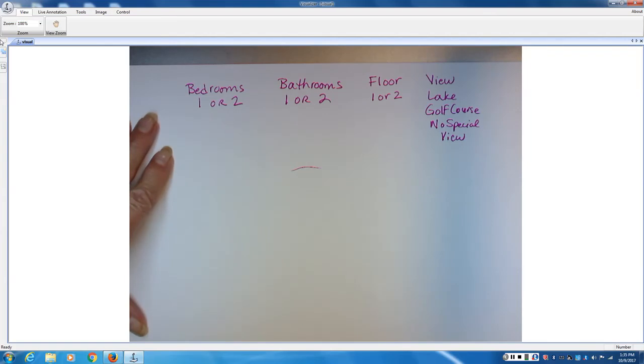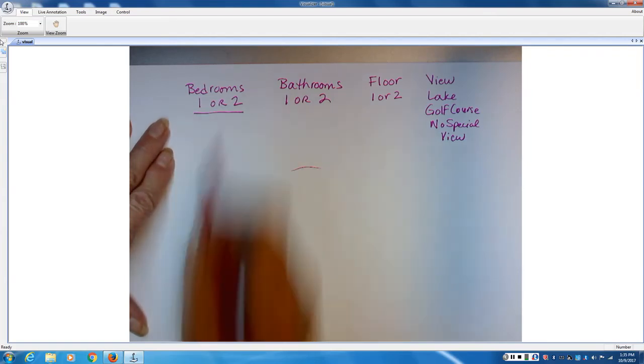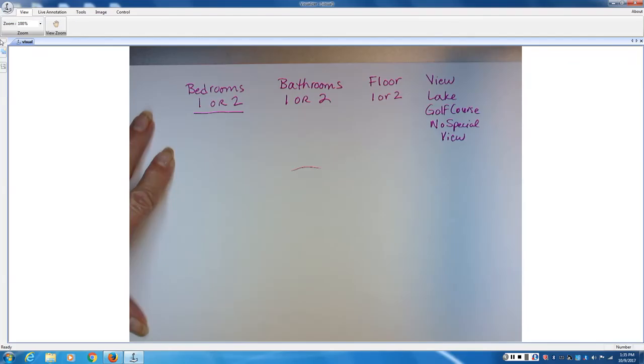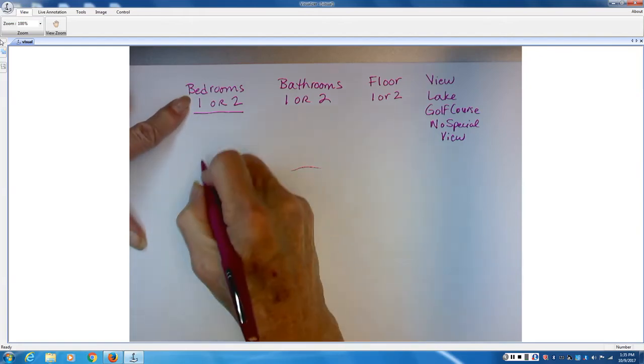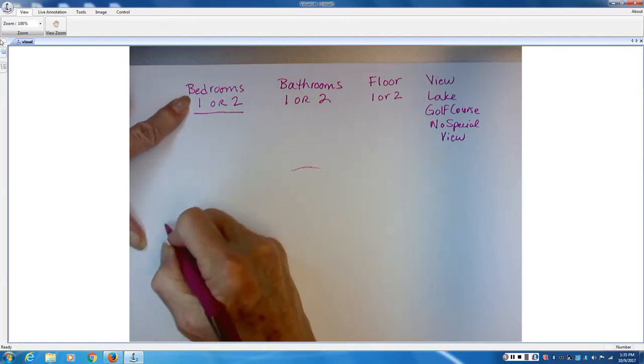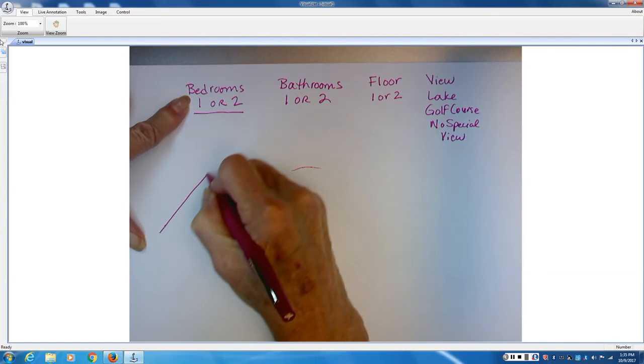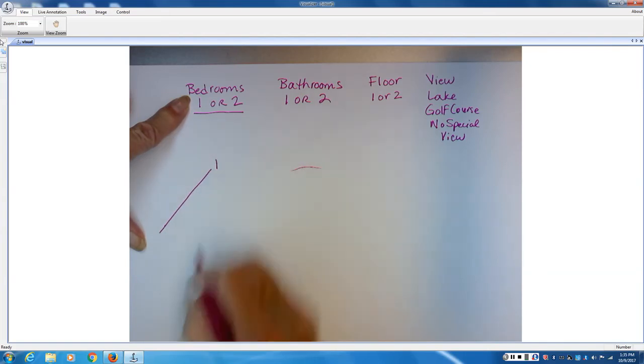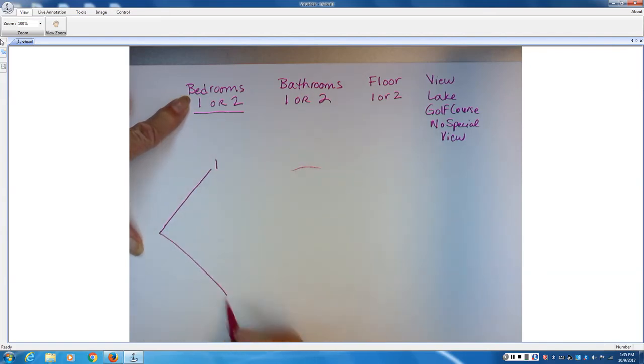So the way a tree diagram works is you take your first choice, and that's how many bedrooms do you want? And your choice for bedrooms is 1 or 2.